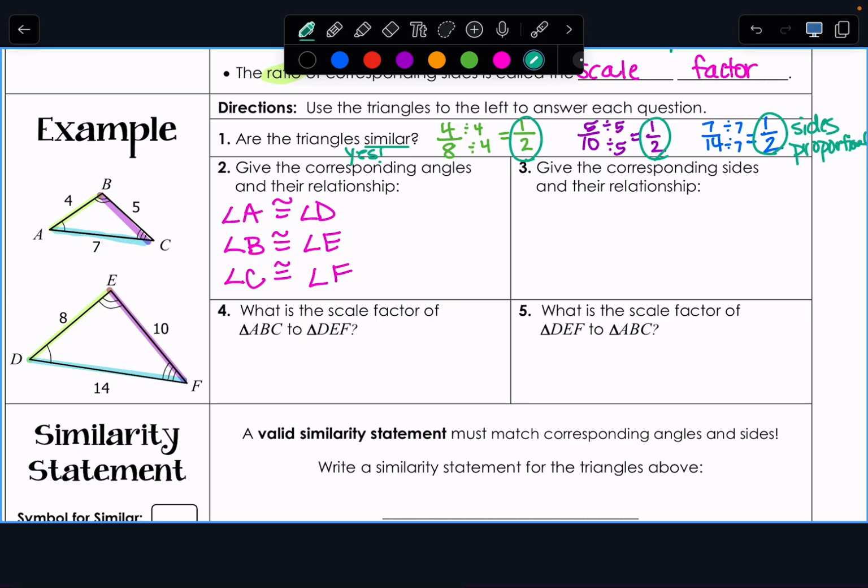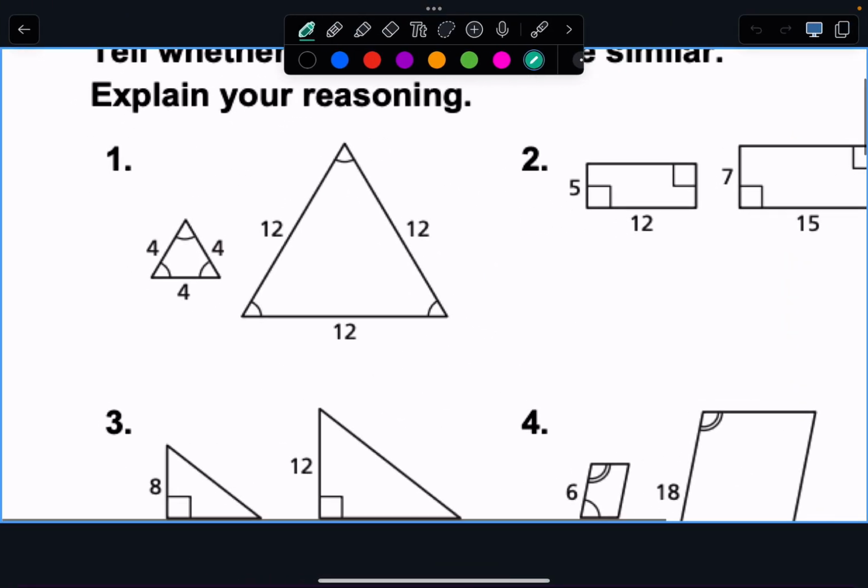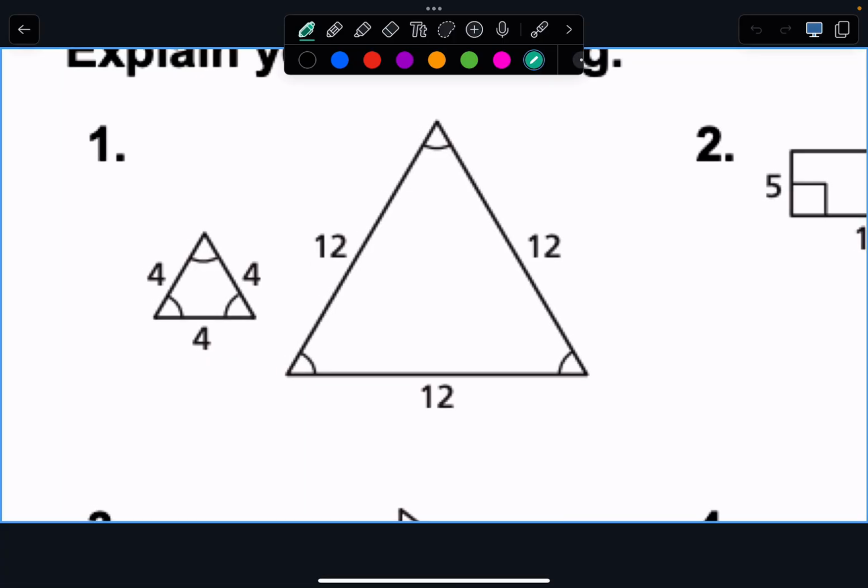Okay? So we're having a little side quest here. Don't close your notebooks. I'm giving you this half piece of paper because I want us to practice: is it similar? Is it not? I gave everybody a half piece of paper that looks like this. I want everybody to look at number 1. In number 1, our side quest, are these figures similar?